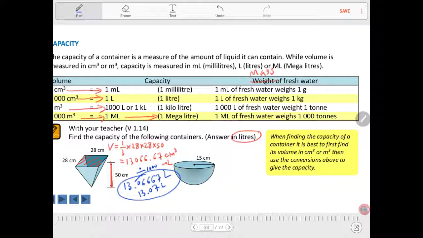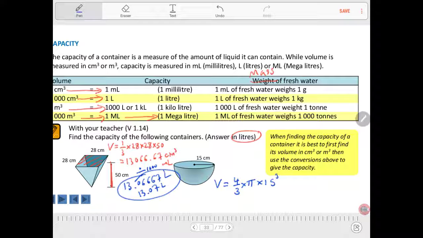See if you can get the capacity of that in litres as well. Then I'll give it a go. Okay, I'll try it now. So first thing, volume. So for a hemisphere, it's 4/3 times pi times the radius cubed.